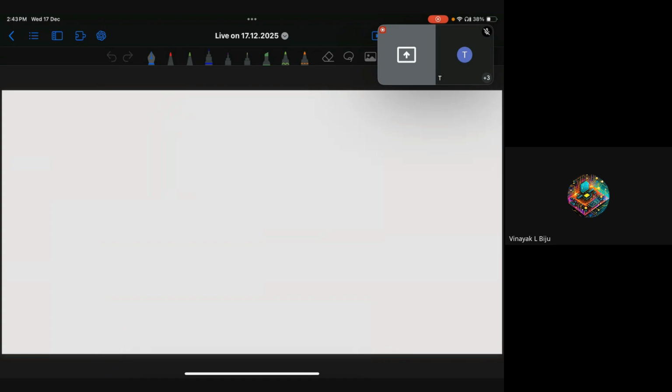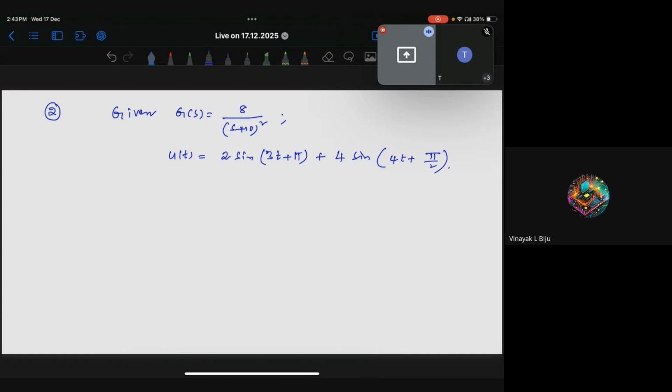The second problem we want to consider: given g of s is equal to 8 by s plus 10 whole square, and u of t is given as 2 sine of 3t plus pi, plus 4 sine of 4t plus pi by 2.